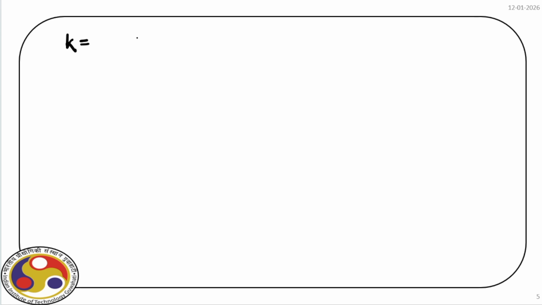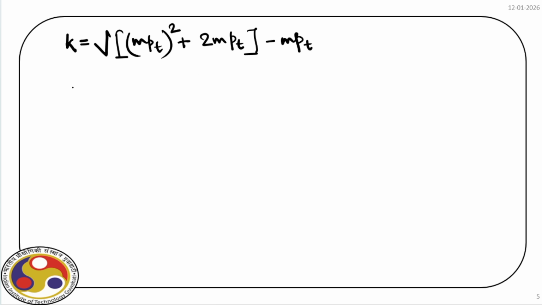K, if you recall, we solved the quadratic equation and the expression that we derived is square root of (mpt square plus twice mpt) minus mpt. Now we know all the parameters. So m is 9.33.